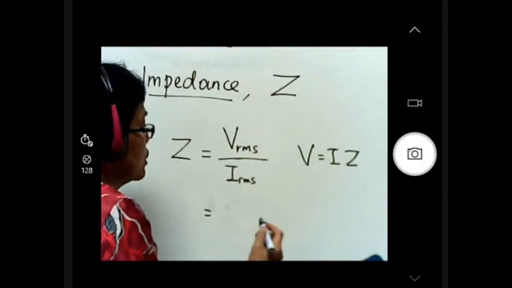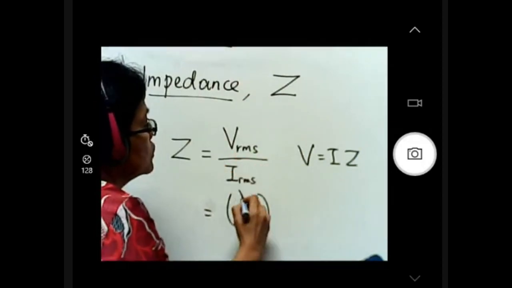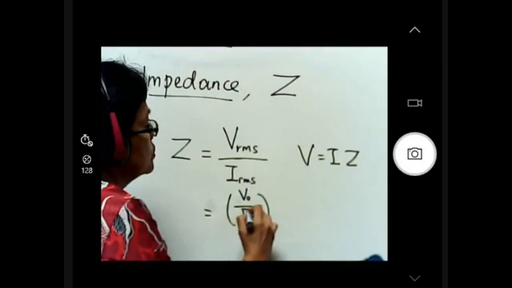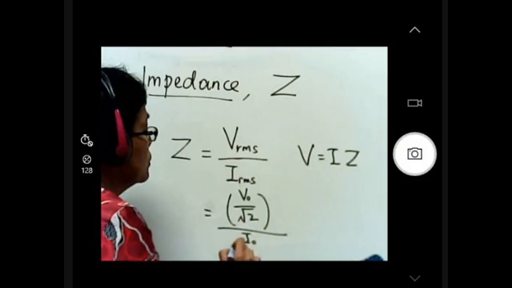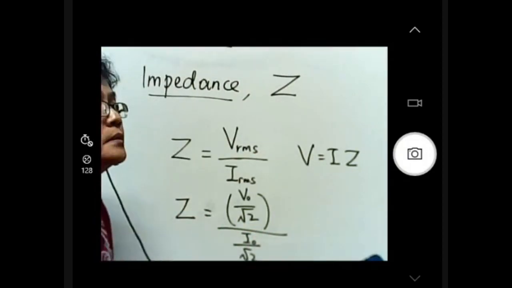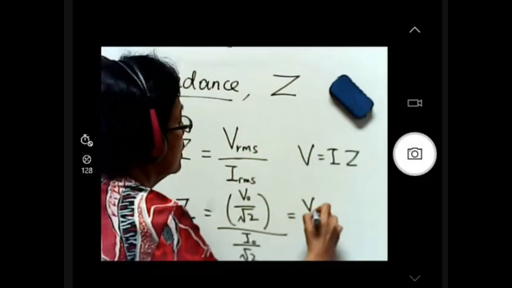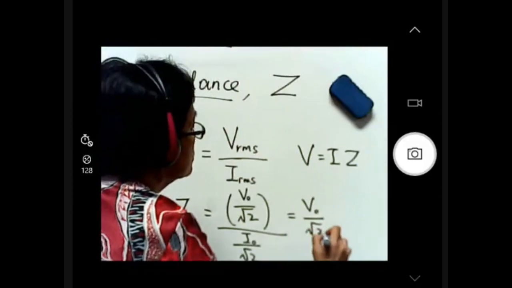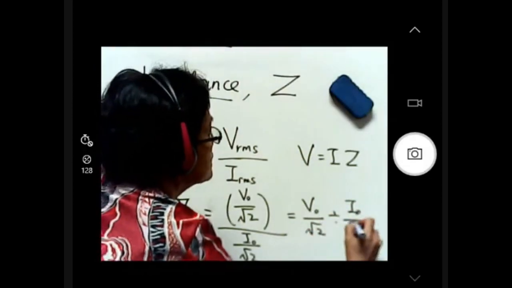Okay, so from here we can gain another equation by substituting V root mean square, which is V naught over root 2. Do you still remember? And then I naught over root 2.